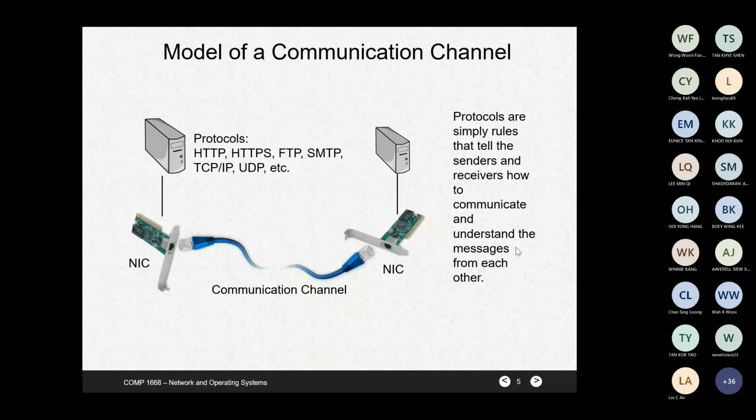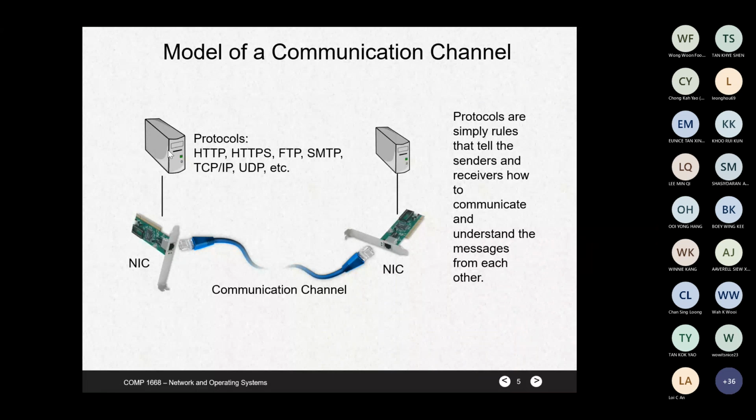Some of the protocols that you should know, which we covered during your diploma level or lower, are HTTP, Hypertext Transfer Protocol, HTTPS, Hypertext Transfer Protocol Secure, File Transfer Protocol, FTP, and Simple Mail Transfer Protocol, SMTP, for mailing purposes. TCP/IP is a very critical, important protocol. Without TCP/IP, you cannot use the internet or do any networking.